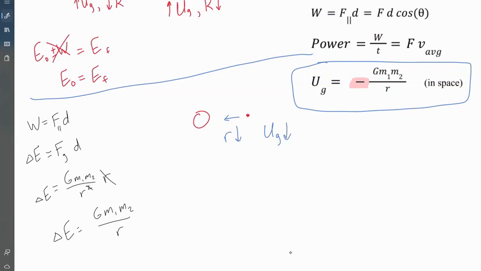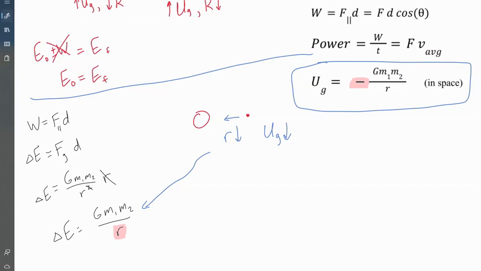Let's take a look at our equation over here. If r is decreasing, that means that our denominator is decreasing, which would give us a bigger number. So that would make delta E get bigger. So we would have a larger energy as we got closer. That can't be the case.